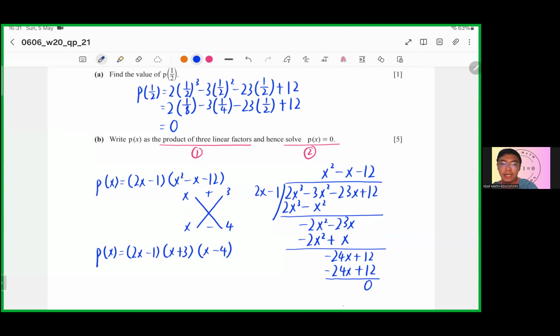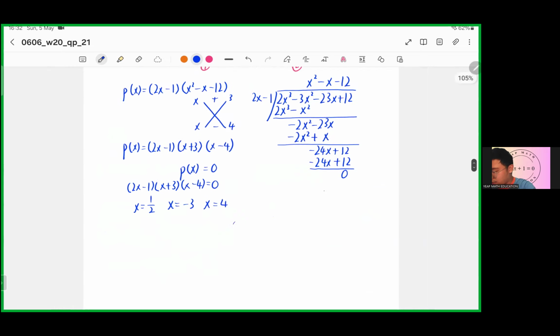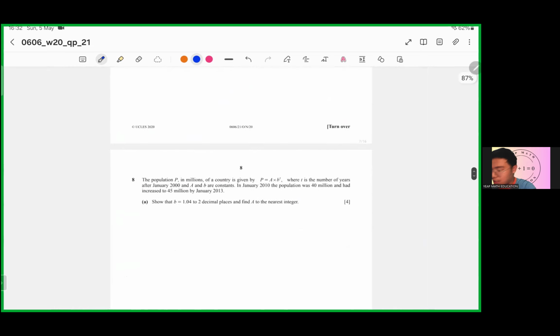So we get three linear factors here. Now for part 2, how to solve p(x) equals 0, right? We copy (2x minus 1)(x plus 3)(x minus 4) equals 0. So the answer is x equals 1/2, x equals negative 3, and x equals 4. We already solved this question.